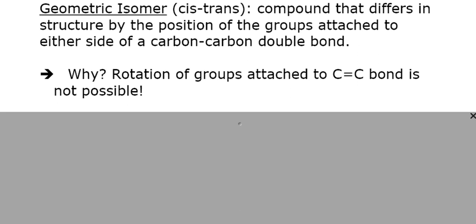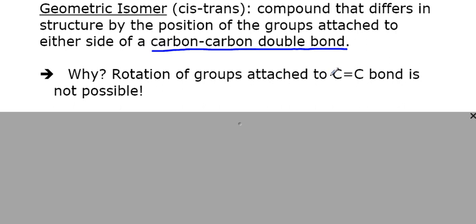There's another type called a geometric isomer. These are compounds that differ in their position, but it has to do with how they are arranged around a carbon-carbon double bond. So we're dealing with alkenes here. They're called cis isomers or trans isomers. So why does this happen?